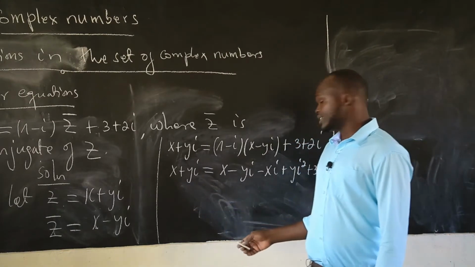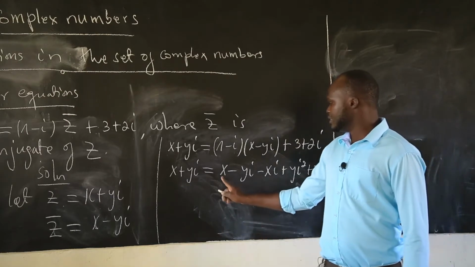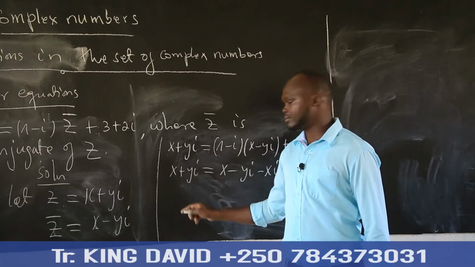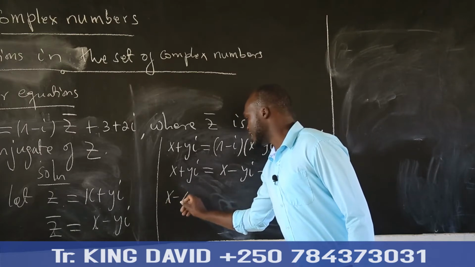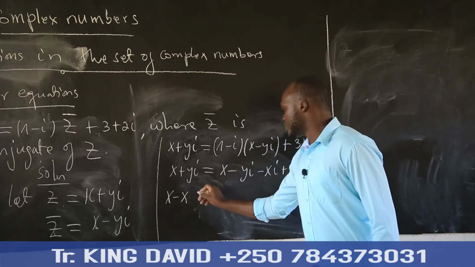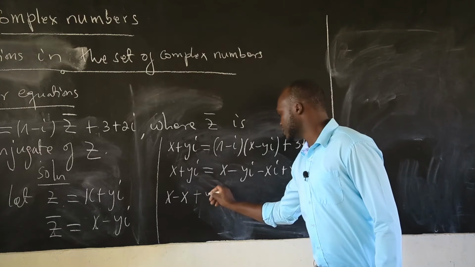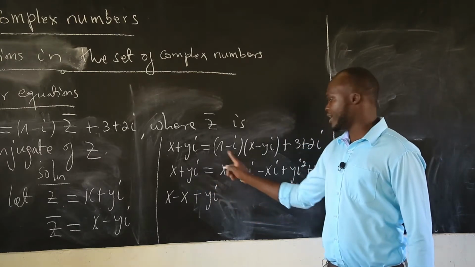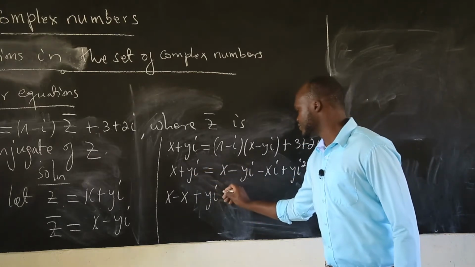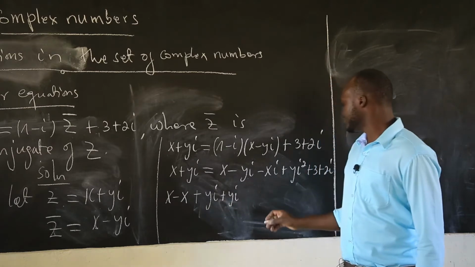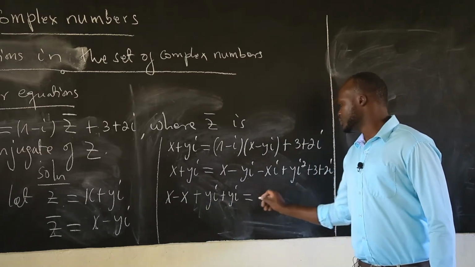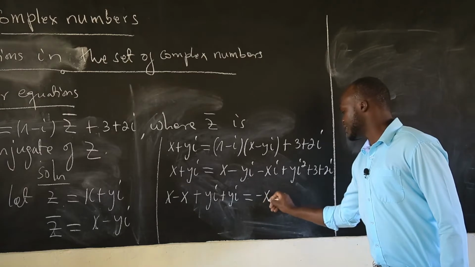So we can collect like terms together. We can bring this x here, so it becomes x minus x. We bring this yi here, it is negative to be positive, plus yi equal to negative xi.